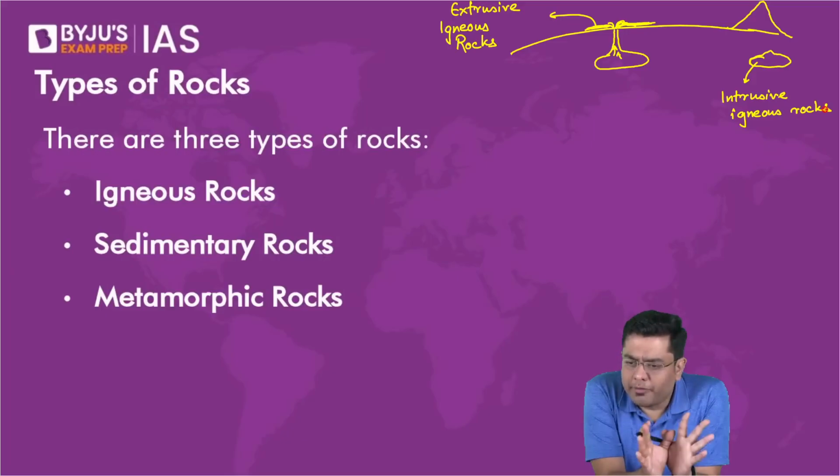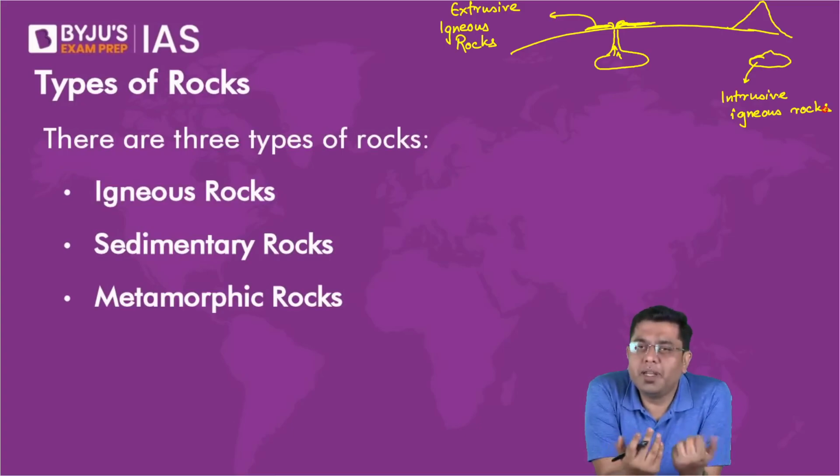So, majority of us have said that it is correct to say that they are the primary rocks. What do we mean by primary? It means the first kind of rocks. When the planet was solidifying, when the planet was getting created, during the phase of degasification, all the molten materials would come out and solidify.